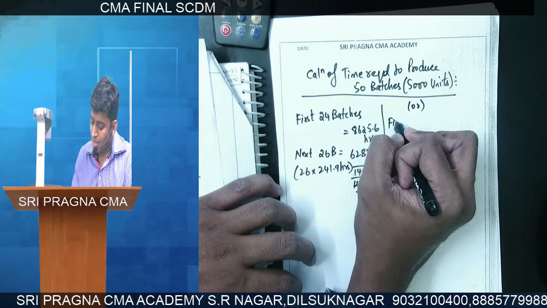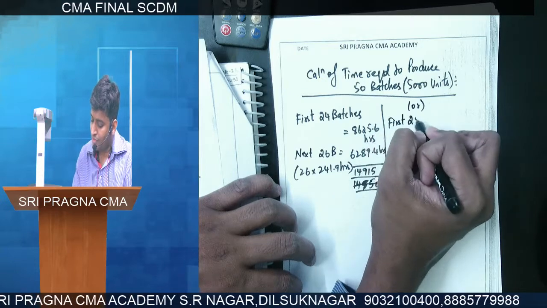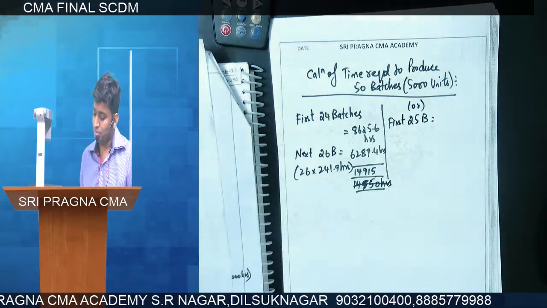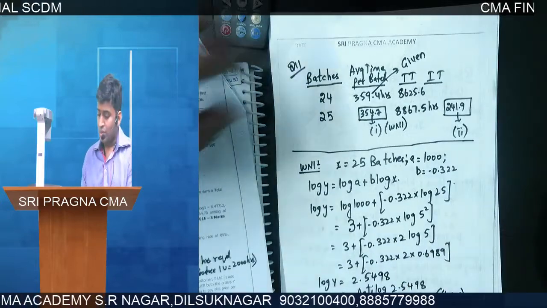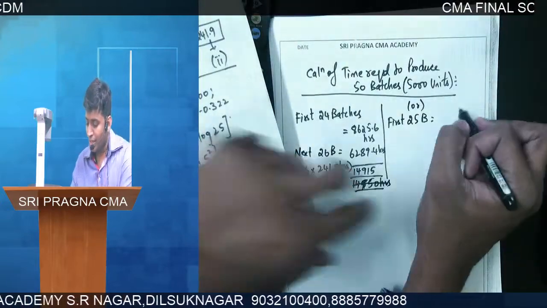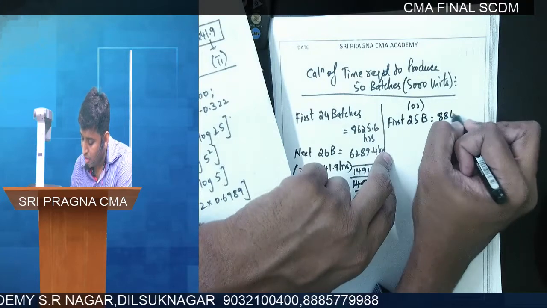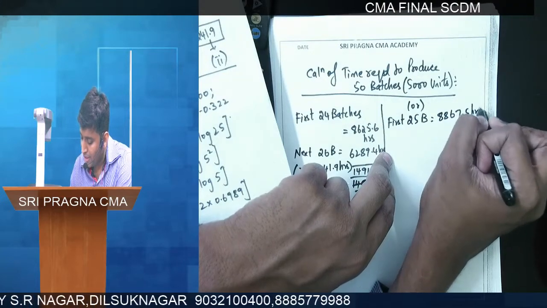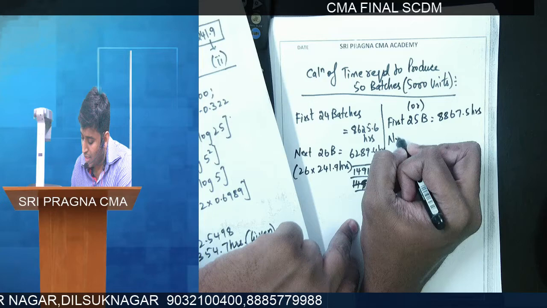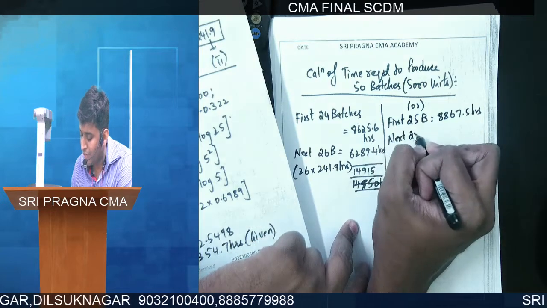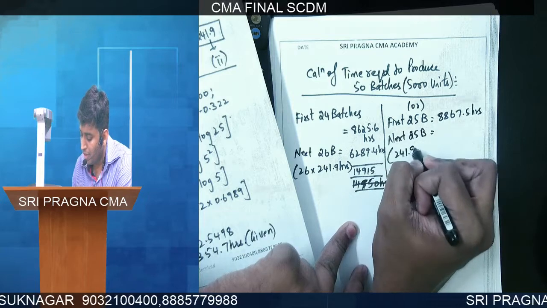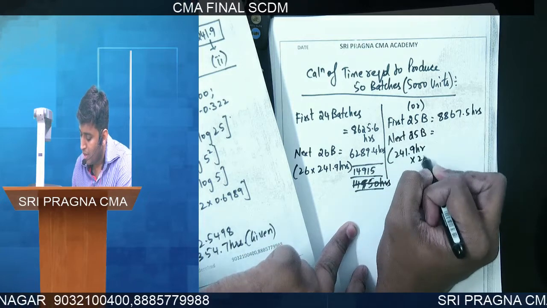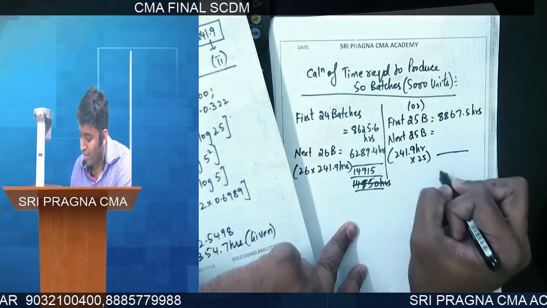What is the time taken for the first 25 batches? Louder. 8867.5. Next 25 batches will take how much for each batch? 241 into 25. If the answer is not matching, I will stop teaching.